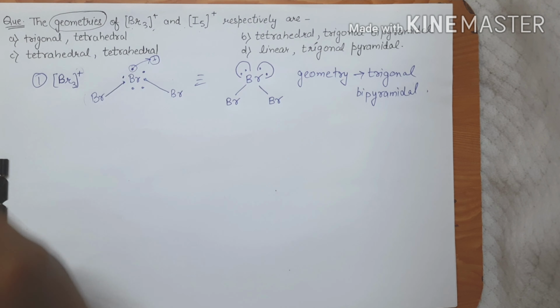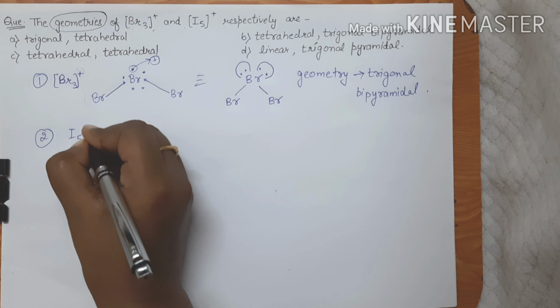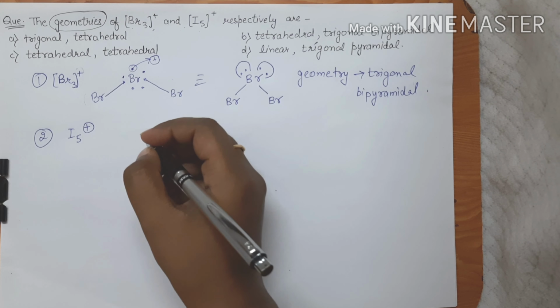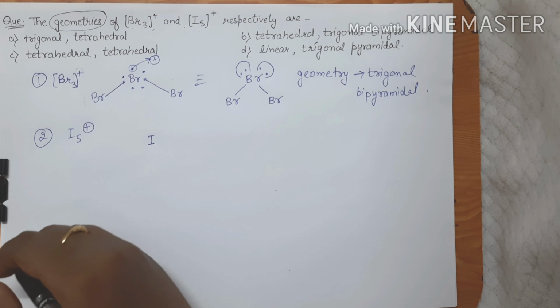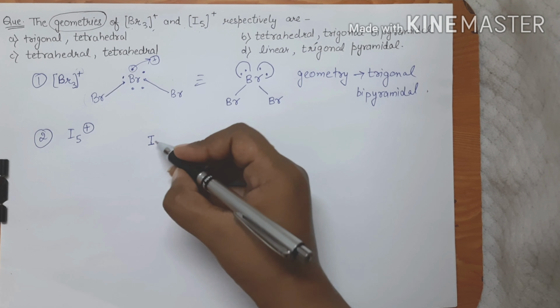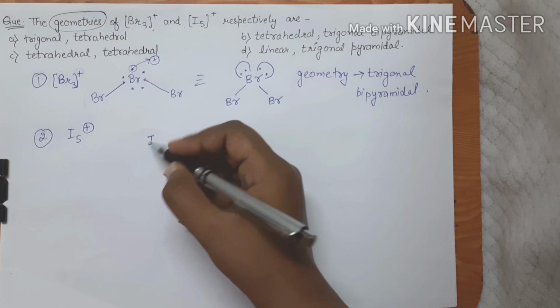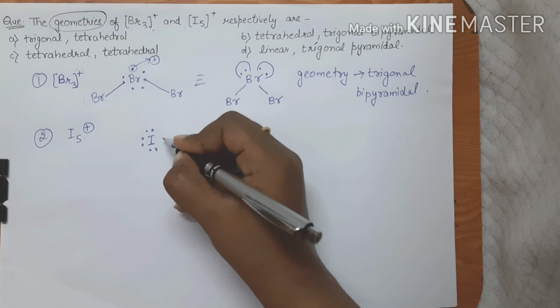So this is first. Now the second compound is I5 positive. Here also iodine is going to be the central atom, right? Iodine also belongs to halogen family. It will be having 7 valence electrons, but because of the positive charge 1 electron will be donated, right?